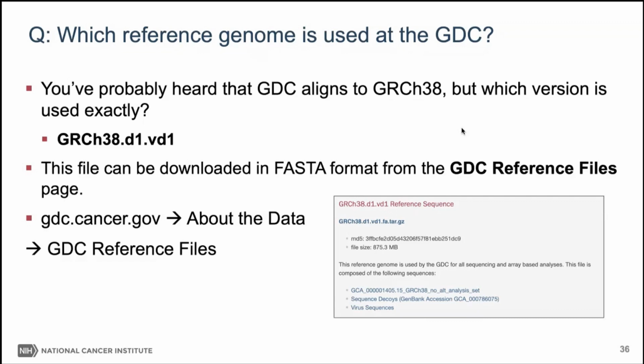And you'll see that you have the version of the reference genome followed by .fa, that's a FASTA file, and then it's a tarball. It's a little less than a gigabyte. And then some more data, for example, the decoys and the viral sequences, can also be downloaded from that page.